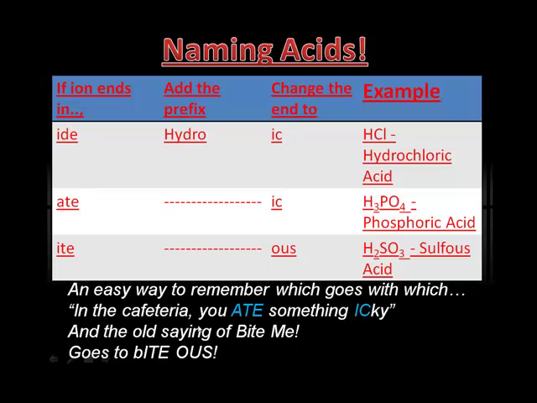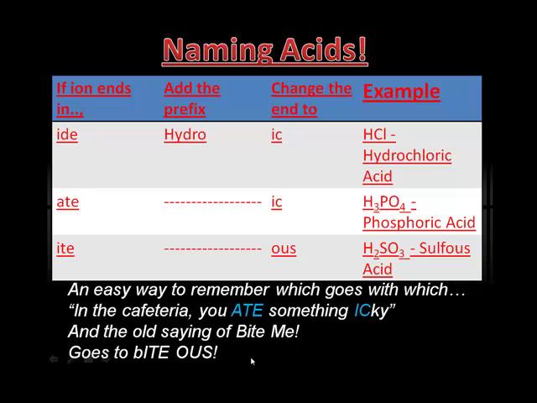And for the OUS, there's an old saying, bite me. I think I've said it a few times to a couple of you. Bite me goes to bite us. Okay? ITE ending has an OUS ending. Okay? So a couple of ways for you to remember your naming rules.